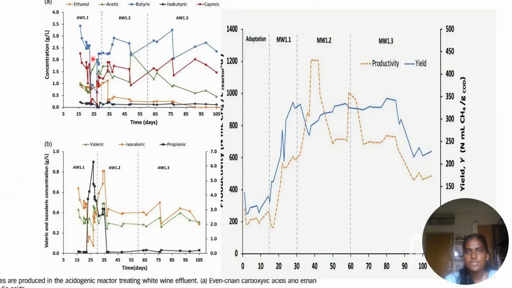They analyze the stability, which is wavy in nature, not stable, and the production is high. In normal production, the concentration is high. Then these are two types of acid concentrations. Then the productivity of the methane production is increased, and the yield also is decreased.